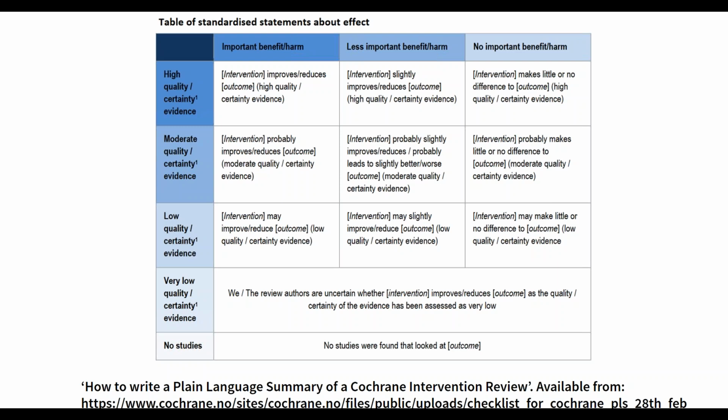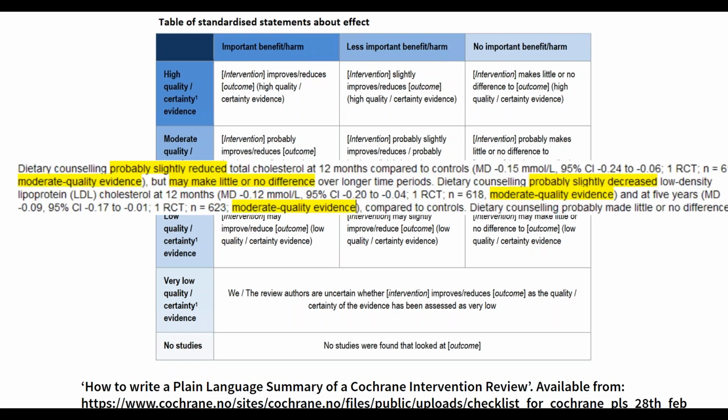Although originally I think they were thinking about guidance that was most relevant to people who were looking at plain language summaries, I think over time we realized that it's a useful way of bringing GRADE into the abstracts as well.